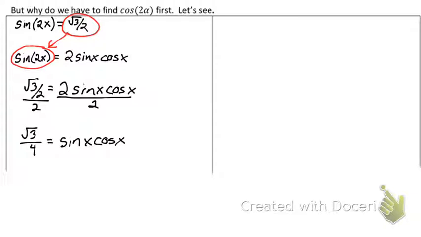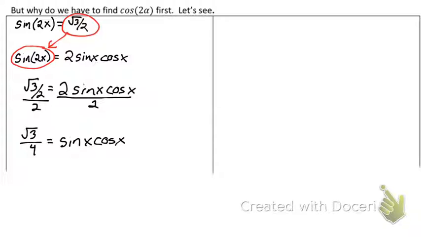No. Do I know what sine of x equals because of that? No. Do I know what cosine of x equals? No. All I know is sine times cosine equals square root of 3 over 4. So all I could really do is guess at two possible values that work there, but you probably don't want to guess on a test and hope you're right.